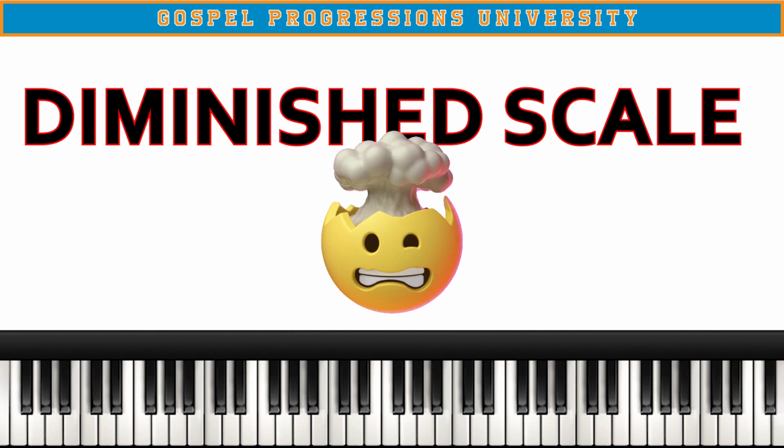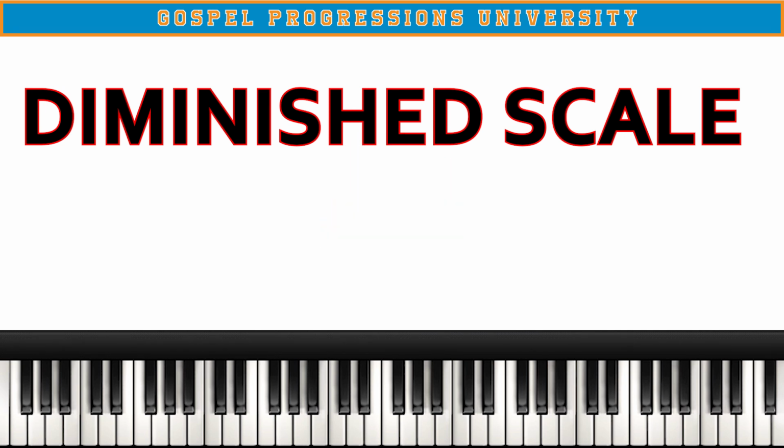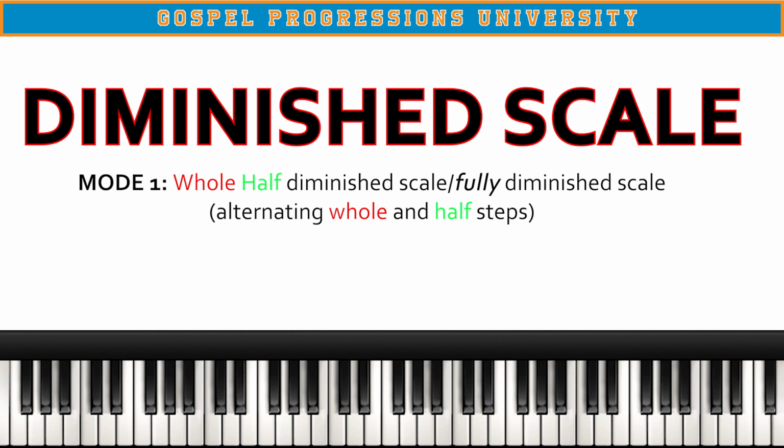This one incredibly powerful scale has only 2 modes, easy to remember. Mode number 1 is the whole half diminished or fully diminished scale. So your whole half diminished, fully diminished scale would sound like this. Whole step, half step, whole step, half step, whole step, half step, whole step, and half step.